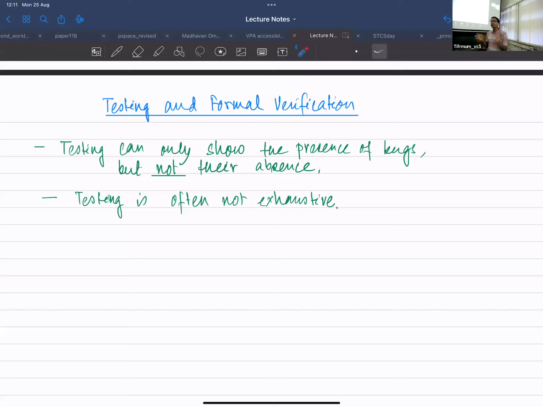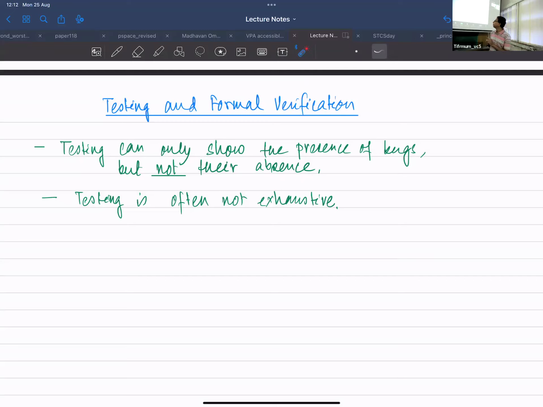You cannot test exhaustively in most of the cases. You can only say you have the test cases and you run those test cases, and then you say that, okay, there can be a bug, there is a bug, but you cannot certify the absence of bugs. So formal verification will talk about the absence of bugs.